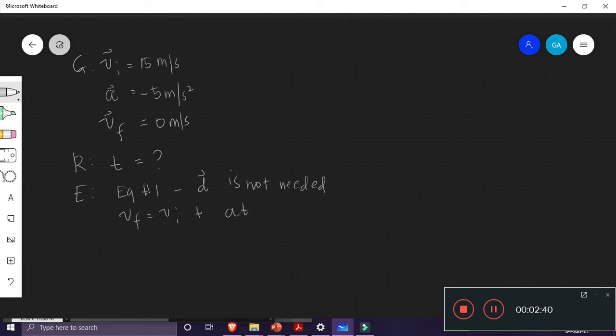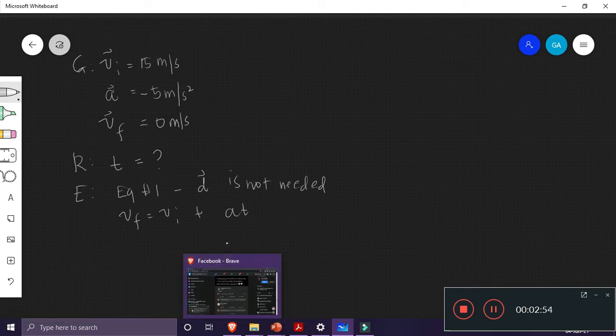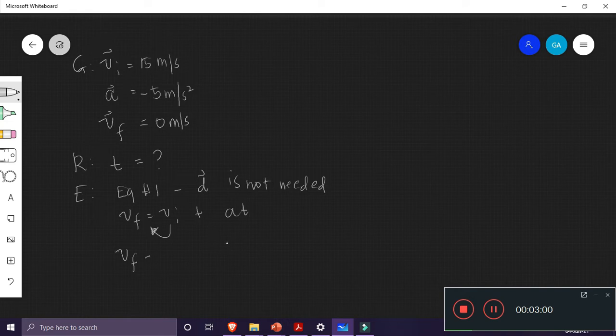Since yung time yung ating kukunin, we have to make time na nandun lang or natitira lang siya dun sa other side ng equal sign natin. So, ilipat natin yung VI tsaka yung A dun sa kabilang side ng equal sign. That will be VF minus VI equals AT.